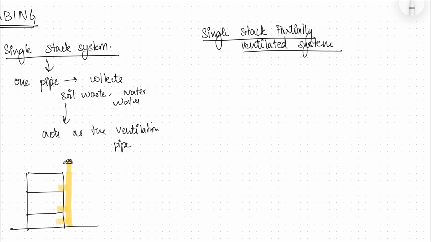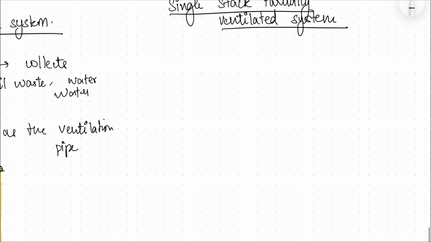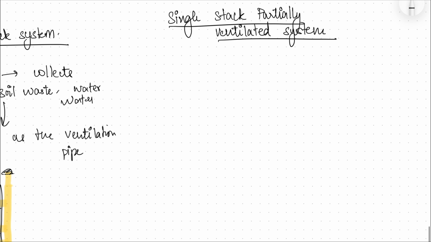So in this, it's very similar to single stack. So this also has only one pipe for your soil and wastewater, but it has a partially ventilated system, which means only some of the fixtures are ventilated. Maybe your commode alone is ventilated, but your wash basin and your kitchen sink, and all other appliances are not ventilated.